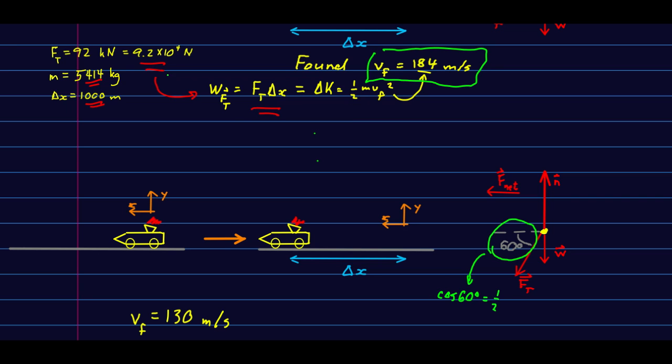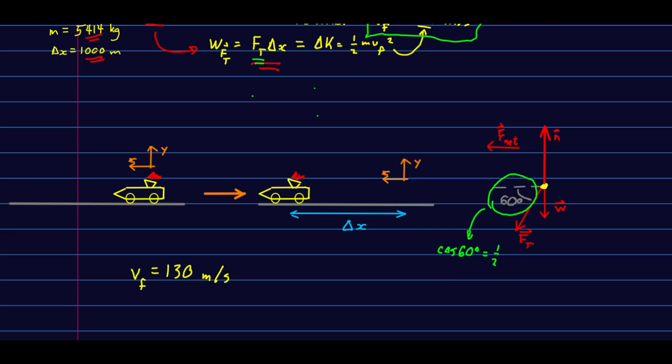Well, look, there's an F_T here. What if that's supposed to be the horizontal component of F_T? So in that case, we would have that our work done by F_T would be F_T cos 60 degrees times delta x.